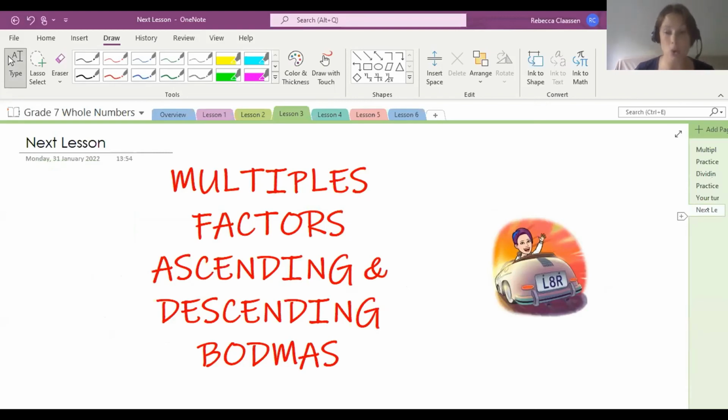And then we're going to look at order of operations, or BODMAS. Our main focus is going to be BODMAS, and that's operations inside BODMAS. Oh, I like hearing that, yes. And then we'll just look at the vocab of what multiples, factors, ascending and descending mean. And then we'll have a quiz next week as well.